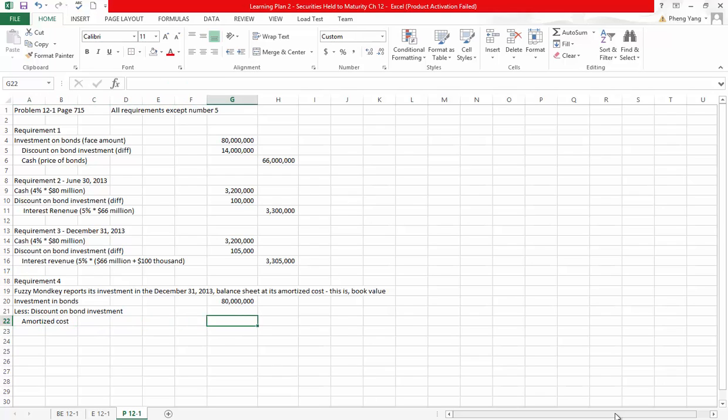Amortized cost then will be the difference. Let's just write it here. We have 14 million initially. We're going to subtract the 100,000 here, and we're going to subtract the 105,000 here.